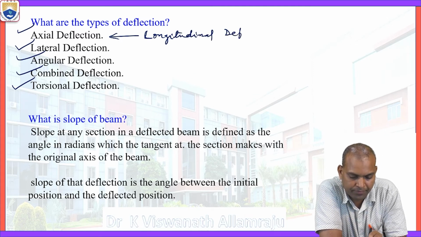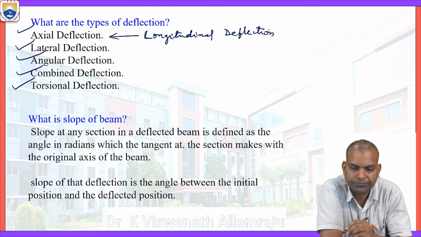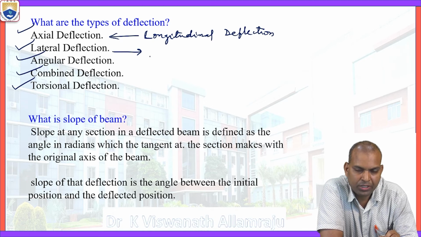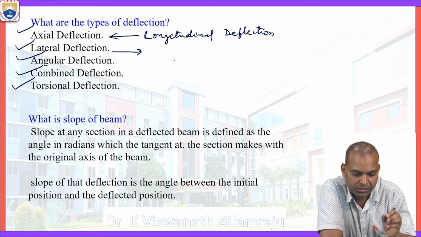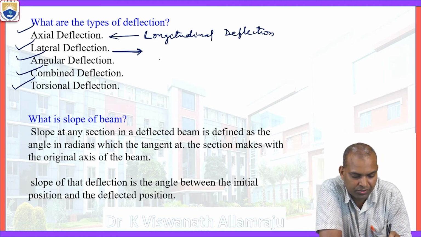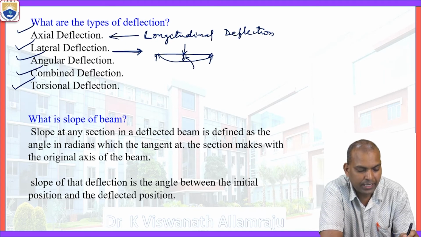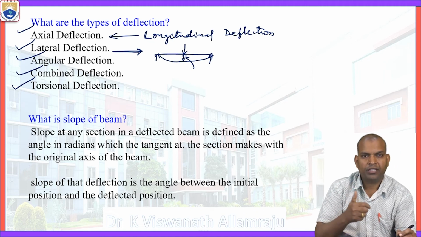Longitudinal deflection. Lateral deflection is known as transverse deflection. The way we have seen here, the transverse direction, this deflection is known as the lateral deflection. The angular deflection is because of the angle of twisting movements.